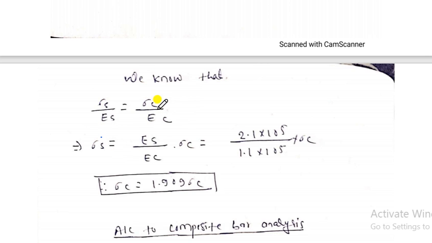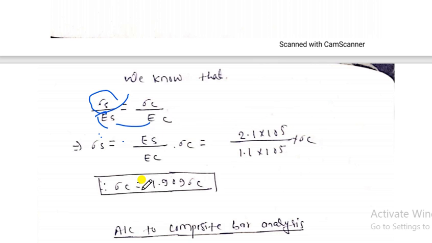So if Es is in divide form, it will go in multiply form, and I will substitute this value into Es.